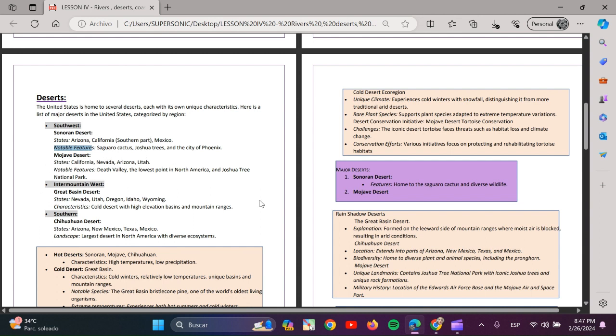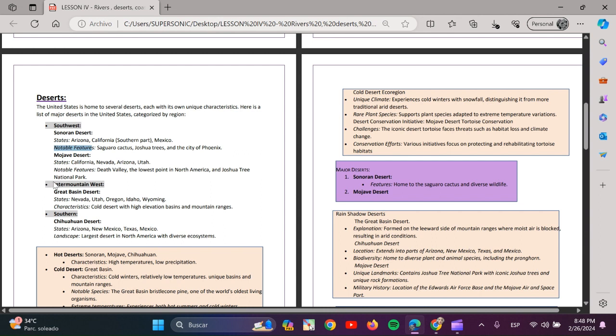Then we have the Mojave Desert. It goes again to California, Nevada, Arizona, Utah. Notable feature: it is the Death Valley, the lowest point in North America, and Joshua Tree National Park.